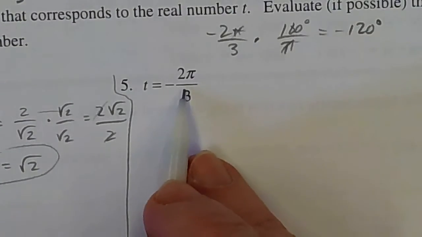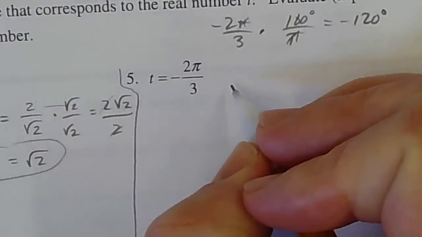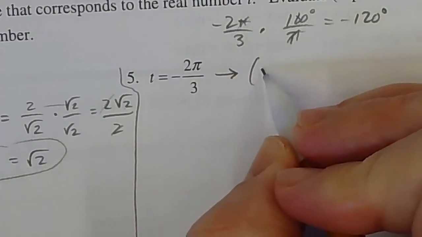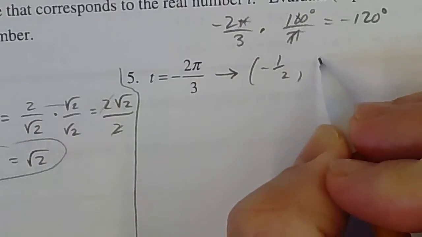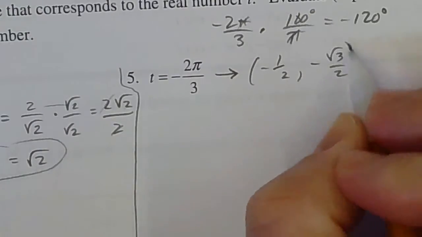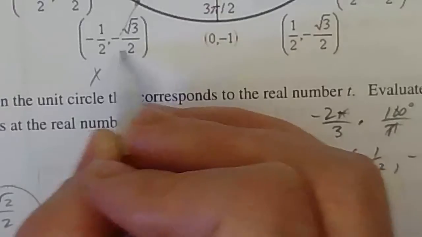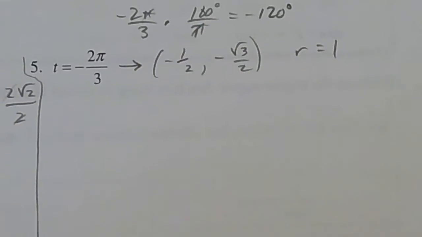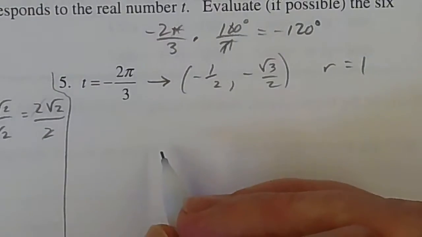So once again, you could put sine of angle negative 2 pi over 3, or we could just say sine of t. Maybe you want to write the coordinate there so you're very clear. Here's our coordinate, right? Negative 1/2, negative square root 3 over 2 is what we just grabbed from the diagram. Radius of 1. Now we're just following definitions and doing the math.